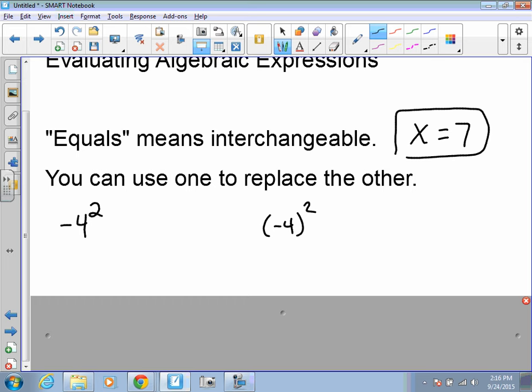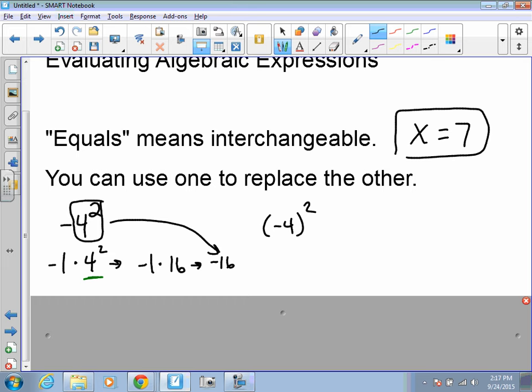So I'm going to take the exponent and do this part first, and then apply the negative. Negatives basically come from doing -1 times 4 squared. Taking that into consideration with our order of operations, we have to do the exponent part first. That goes to -1 times 16, and then I do the multiplication. That gives me -16.